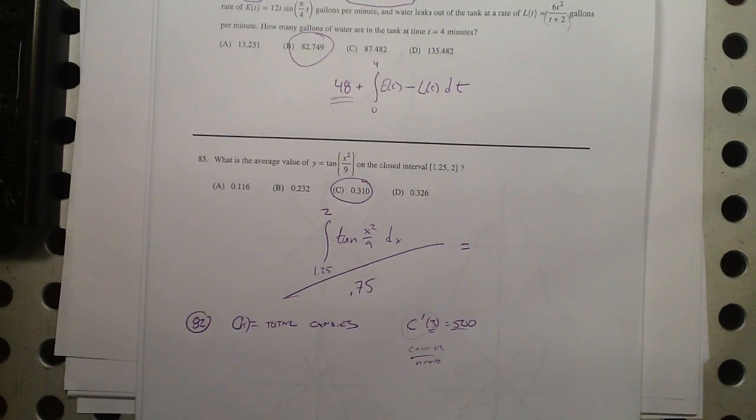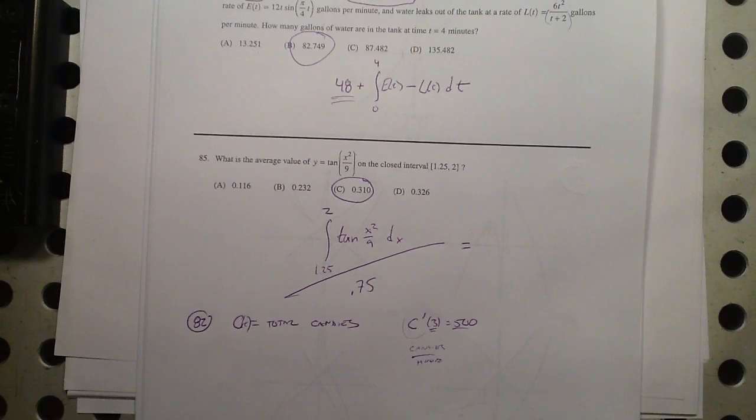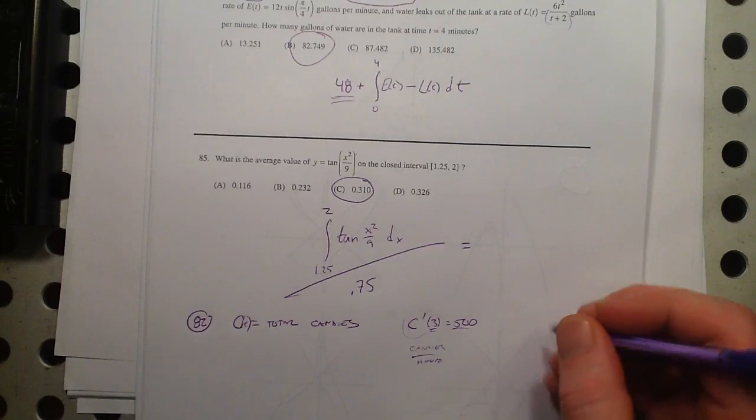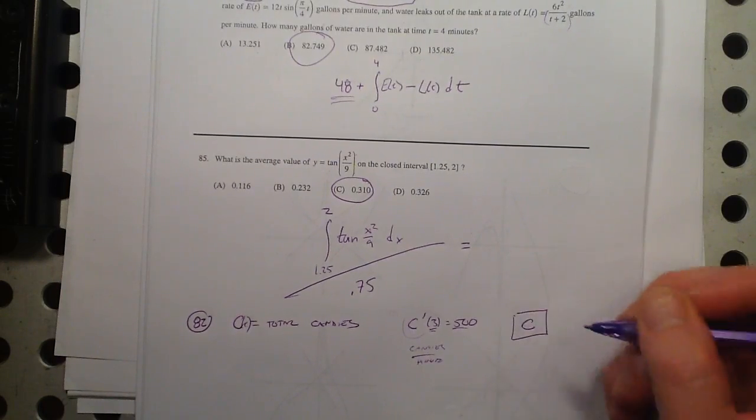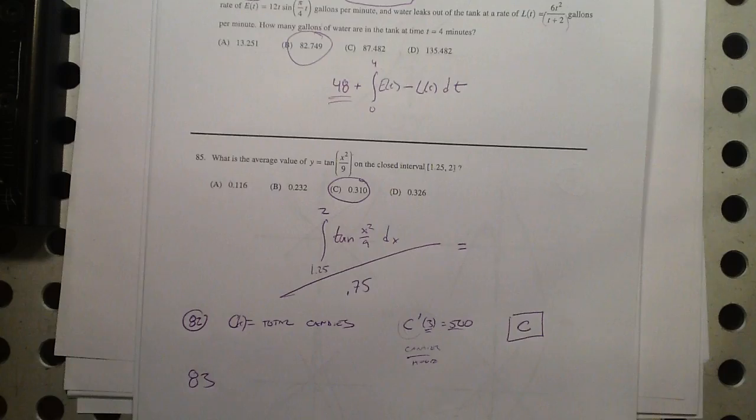Or B, or answer choice B. See, the factory is producing candy at a rate of 500 pieces per hour, 3 hours after it opens. That's correct. Answer choice C. And D, the rate at which the factory is producing candy is increasing at a rate. That's kind of like about the second derivative. The rate is increasing at a rate of, that's like a second derivative thing. So C is the correct answer there.